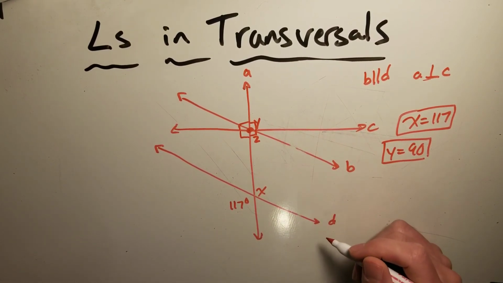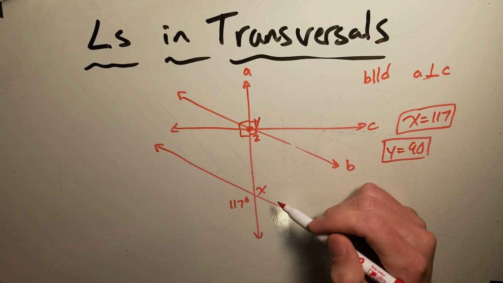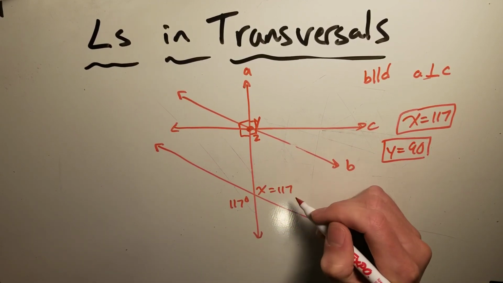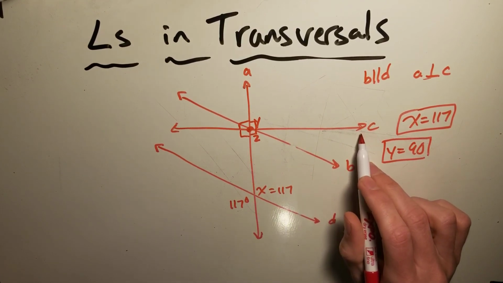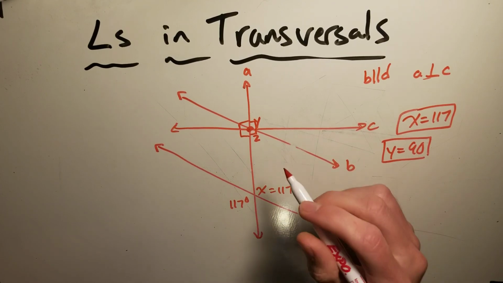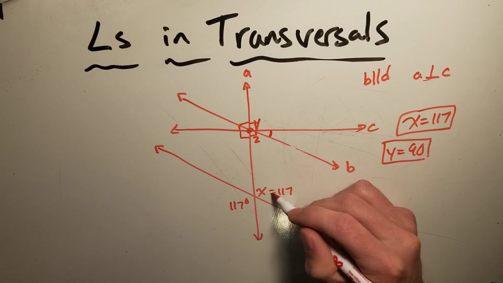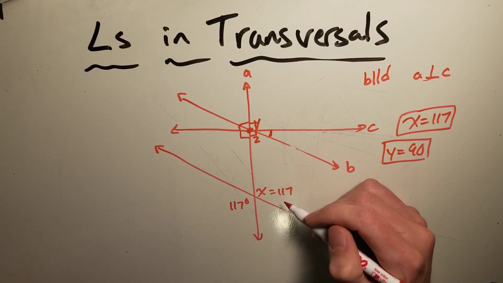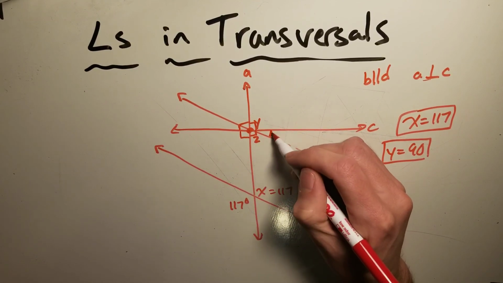Now to find z, we have to do a little bit of work. We're going to need to use the transversals here. And it can be a little tricky. So we know this is 117. If you ignore line C, like try to not picture line C, imagine it's not there, and we're going to focus on this angle here. X is going to be the same as angle Y plus this little extra.